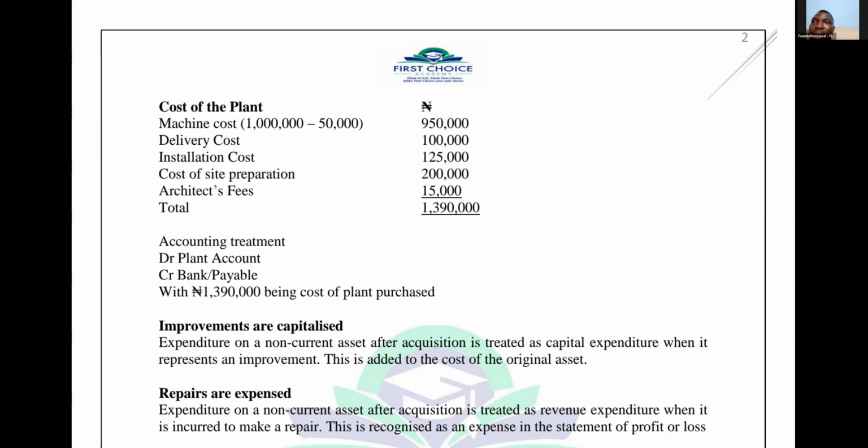That is a liability. So it is credited to other payable liability with the total amount of the plant, which is 1,390,000.